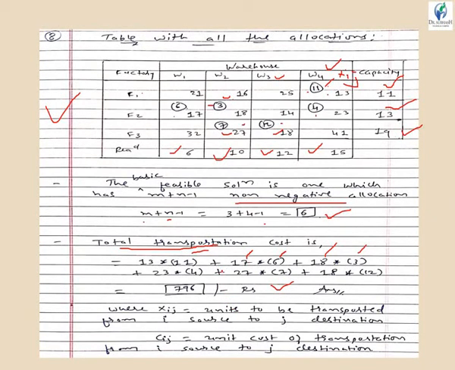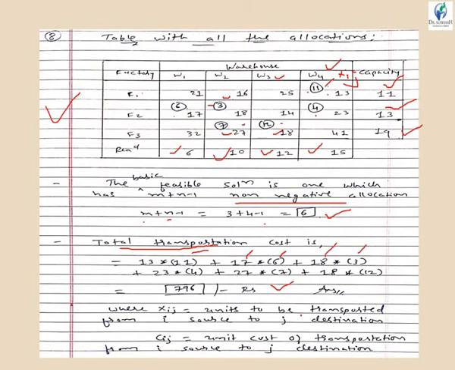That is the total cost of transportation. If you check the total transportation cost obtained by all three methods, this method will give you the minimum cost, and it will help you obtain a solution nearer to the optimal solution.